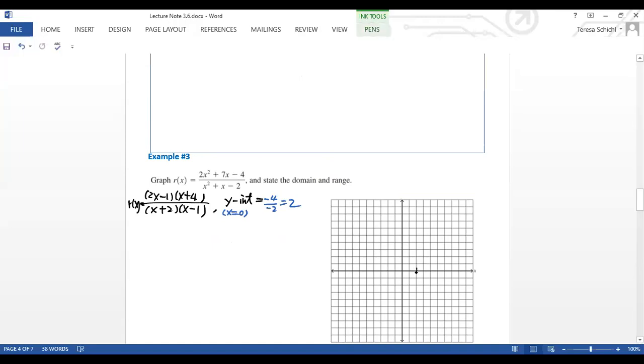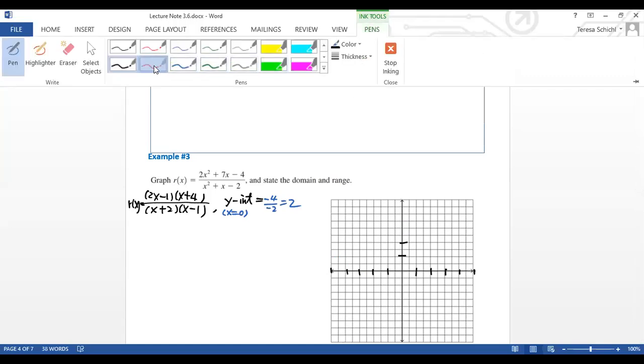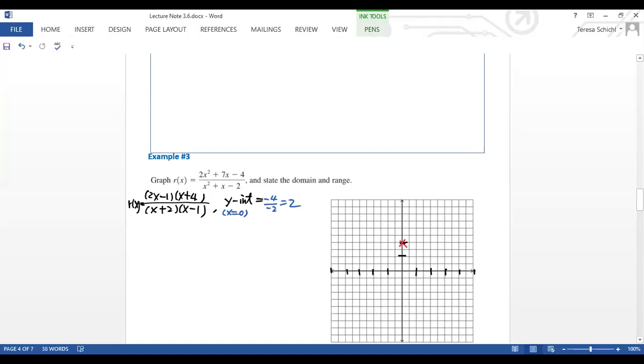So this is 1, 2, 3, 4, 5. I get a y-intercept of 2, so I'm going to go through this point. That's the y-intercept.